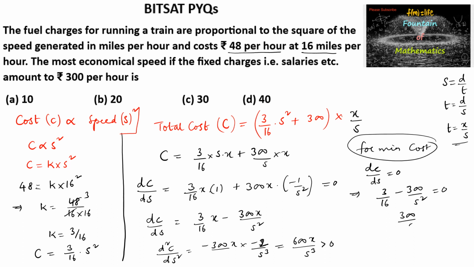So 300 upon s squared is equal to 3 upon 16. So s squared is equal to 16 into 100, or s is equal to 4 into 10, that is 40. So to get the minimum cost, we need to maintain the speed at 40 miles per hour. So we can go with option D, that is 40.